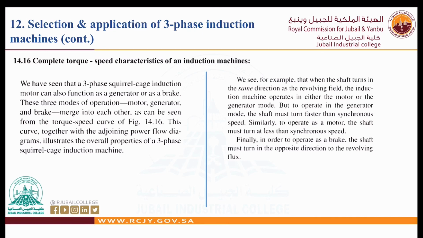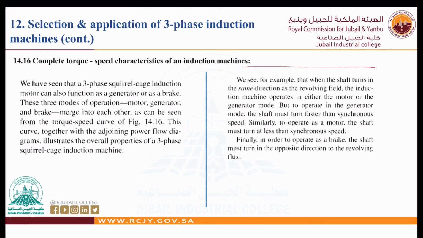But to operate in generator mode, the shaft must turn faster than the synchronous speed. Similarly, to operate as a motor, the shaft must turn at less than synchronous speed. Finally, in order to operate as a brake, the shaft must turn in the opposite direction to the revolving flux.